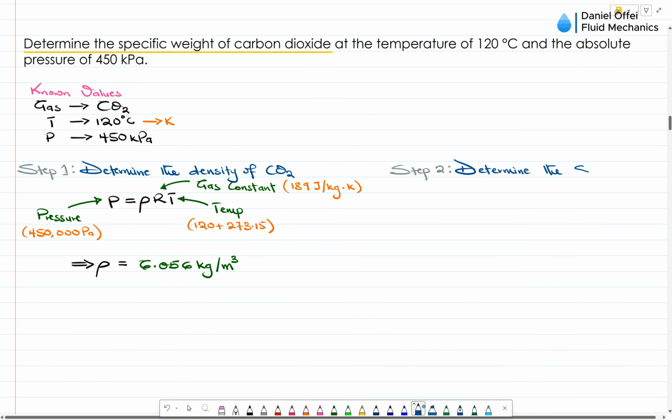Then once we have the density, we can determine the specific weight of the carbon dioxide, which is thus the density times gravity.